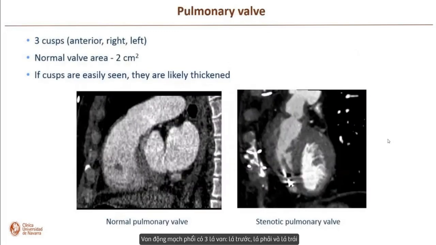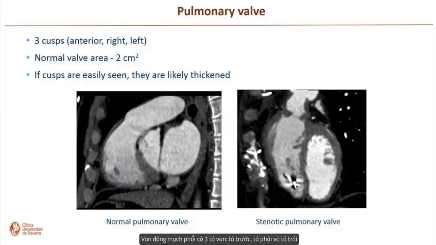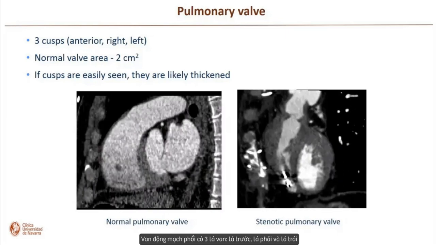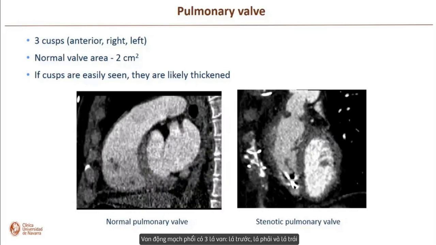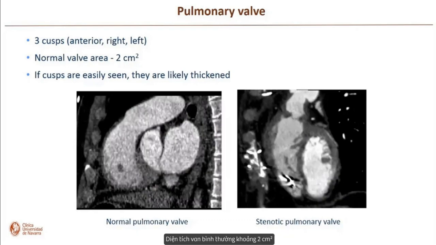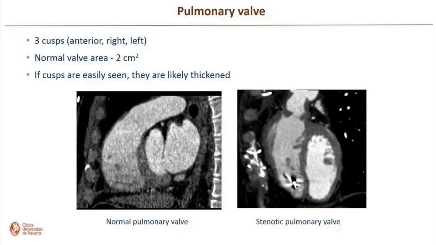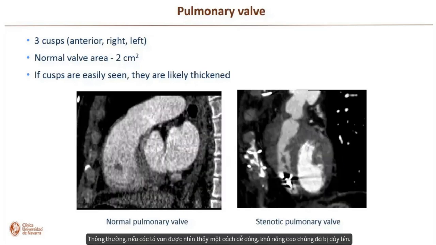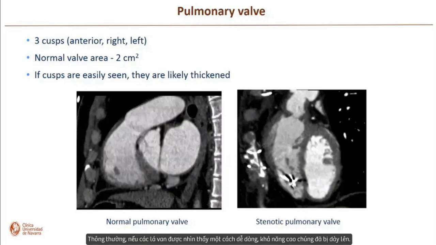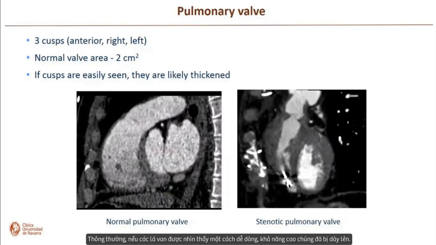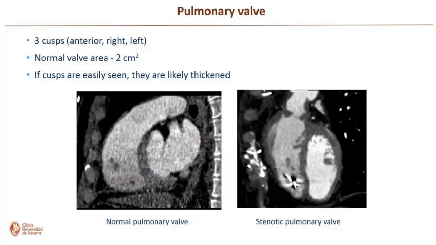The pulmonary or pulmonic valve has three cusps: the anterior, the right and the left. The normal valve area is approximately 2 square centimeters, and in general, if cusps are easily seen, they are likely thickened.